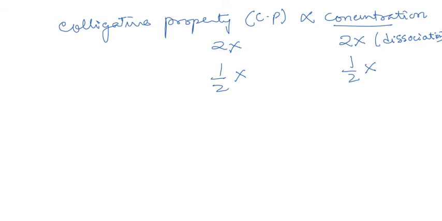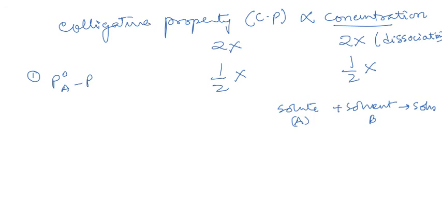The first colligative property that we have is the lowering of vapor pressure. Let's say we take the solute as A and the solvent as B to get our solution.